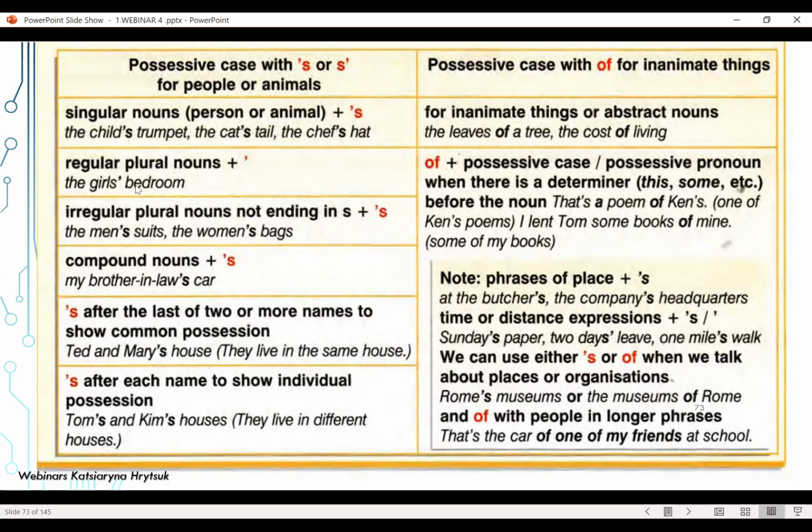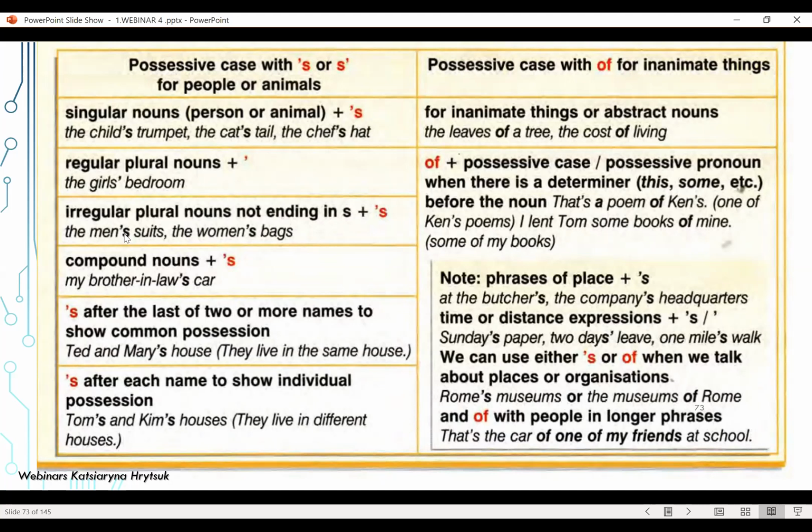If our noun is plural, like girls, we use only one apostrophe, the girls' bedroom. Some irregular plural nouns, be careful with these, not ending in s, we need apostrophe s. Look, men, it's already plural. We cannot add s here with irregular plurals, because they don't have s.